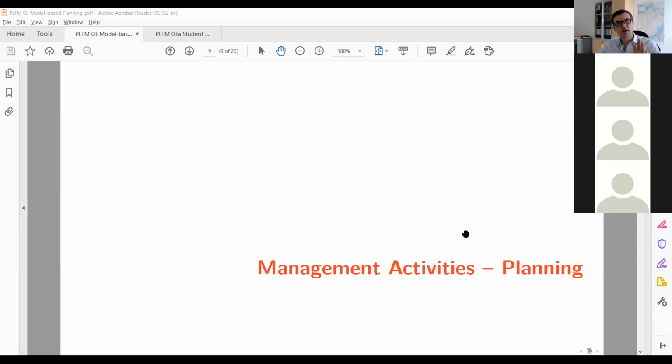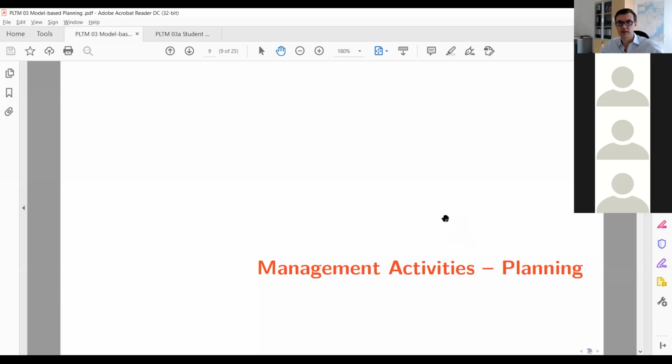And we are looking in this course mainly at planning activities. And I want to give a first overview of some planning activities and how to do the planning by means of mathematical methods.